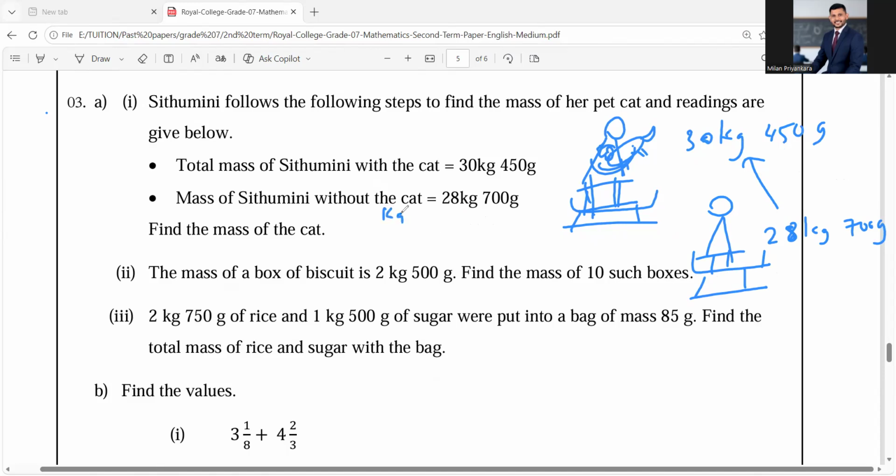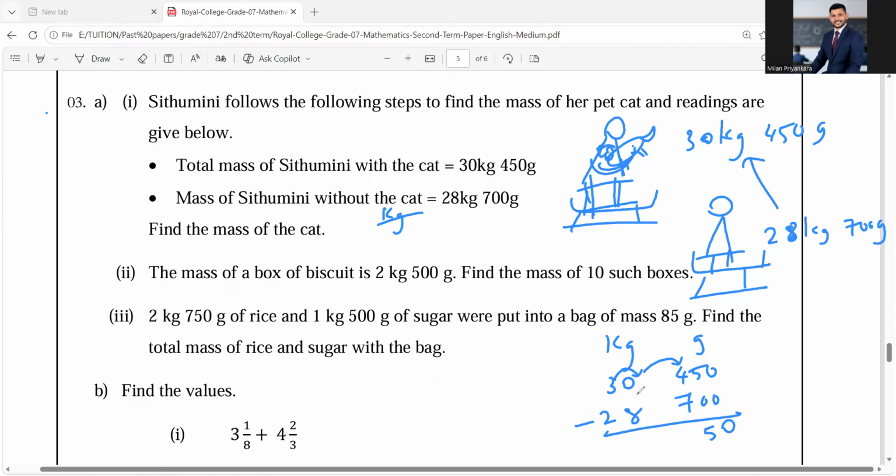Then I go with kilograms, grams. I'll write it here. 30, 450, 28, 700. Then you have to subtract: 0 minus 0 is 0, 5 minus 0 is 5, 4 minus 7 is not possible, so you take 1 from here and it becomes 14.